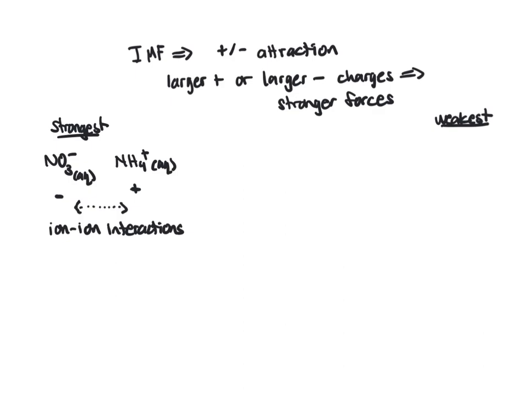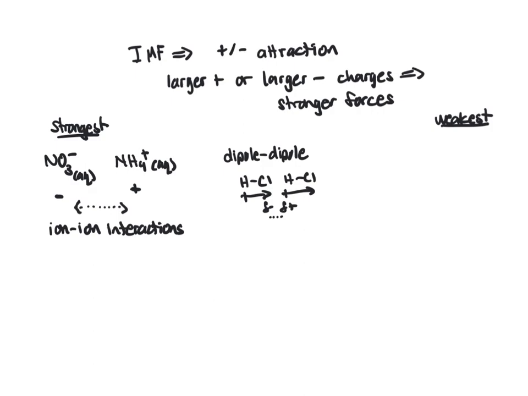Next, we have dipole-dipole interactions, which we talked about first. And here we have partial charges, but those partial charges are permanent on the molecule. So our example was HCl, which has a dipole moment like this, and we would expect another HCl molecule to line up with the plus near the minus and have that plus-minus interaction.